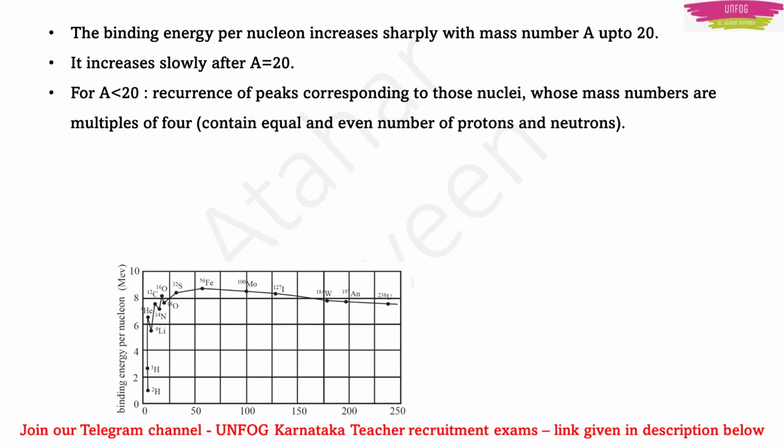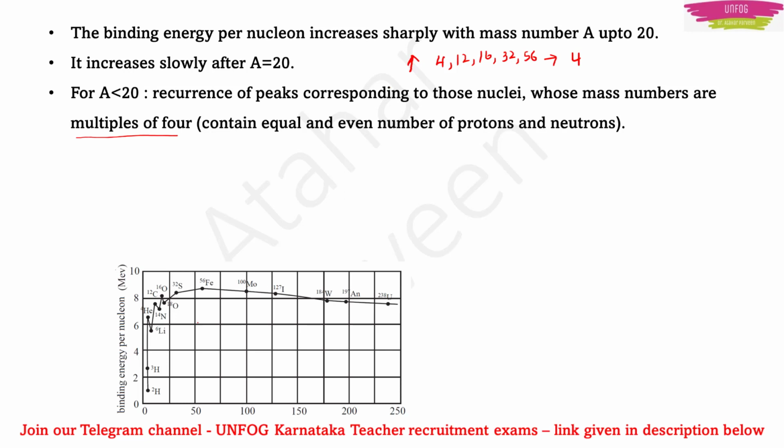But for which mass numbers is the binding energy per nucleon increasing? They are multiples of 4. You can see 4, 12, 16, 32, 56, all are multiples of 4. Correct? For these only, the binding energy per nucleon is increasing.